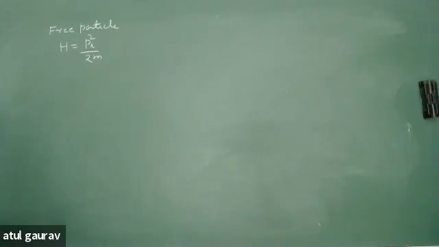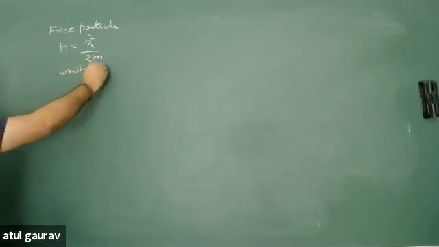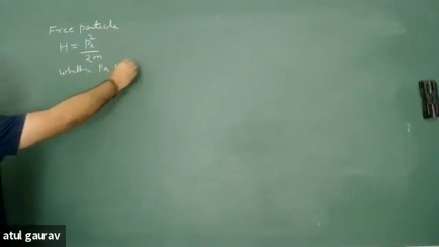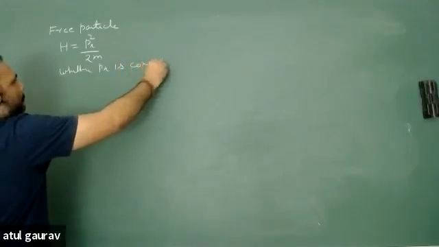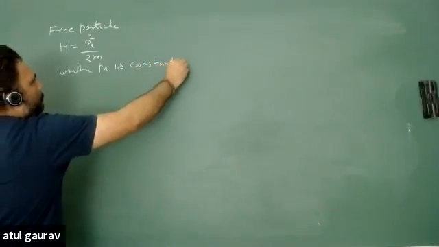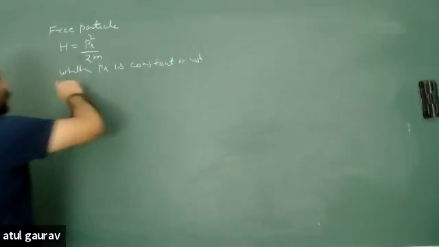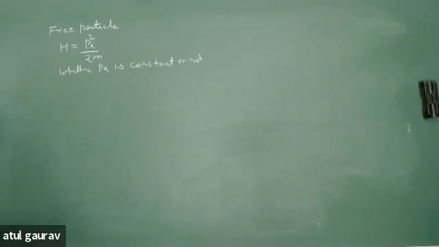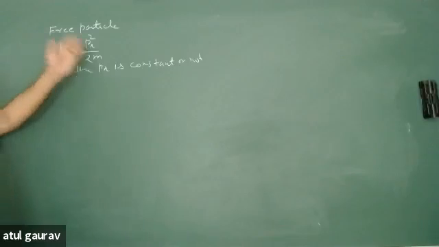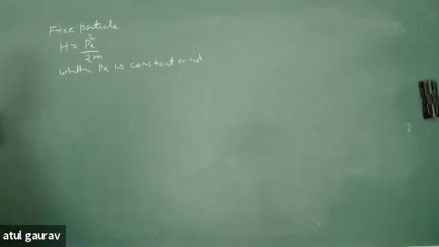Let's try to find whether px is constant or not. We just have to check whether the linear momentum is constant or not. And we know for a free particle, linear momentum is always constant, but we can check it here.